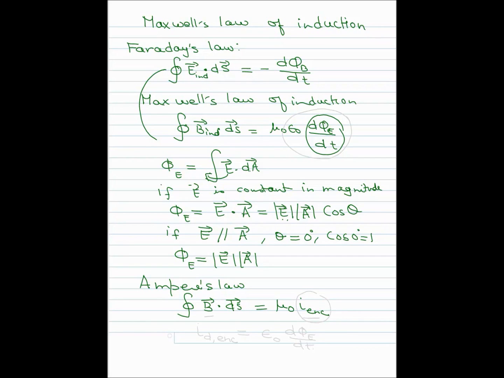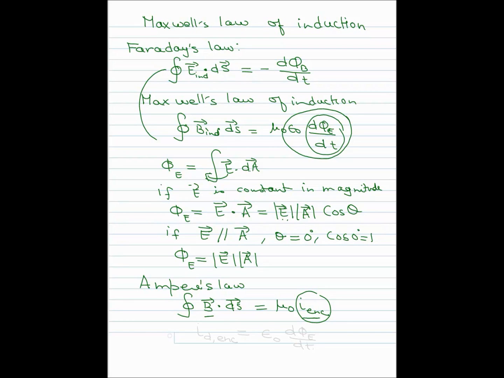So notice that Ampere's law is not talking about changing electric flux inducing a magnetic field, but it's talking about current producing a magnetic field. But it's very similar to Maxwell's law of induction, and if you compare the left-hand side, the dimensions are exactly the same, so the right-hand side should have the same dimensions, and hence I enclosed here should have the same dimensions as epsilon 0 dΦE over dt.